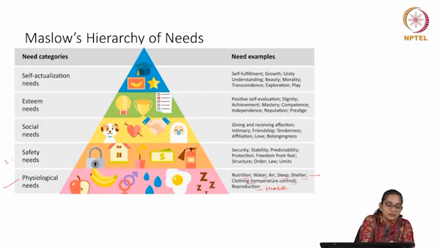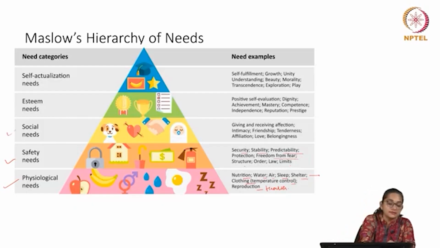The second step is safety needs. So aspects like security, stability, predictability, protection, freedom from fear, structure, order, law, limits, all of those fall under the category of safety needs.